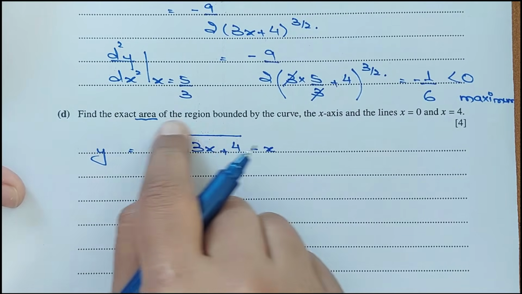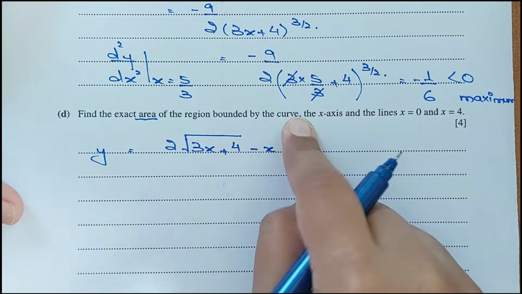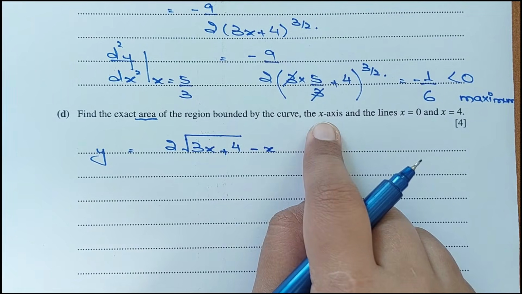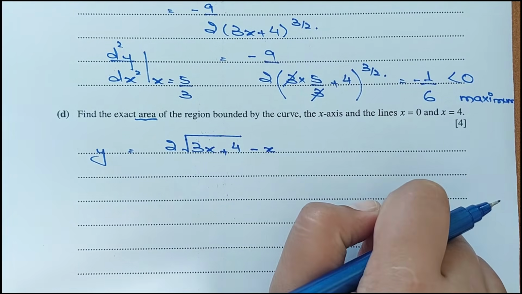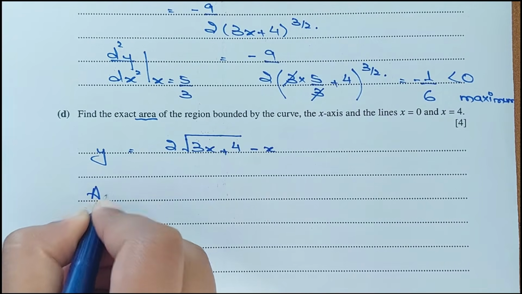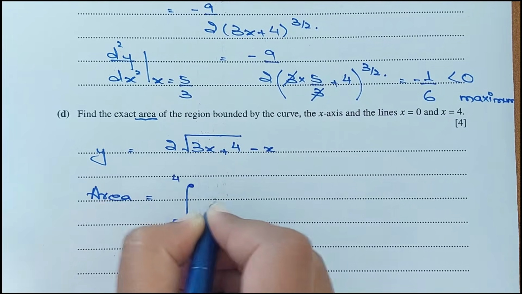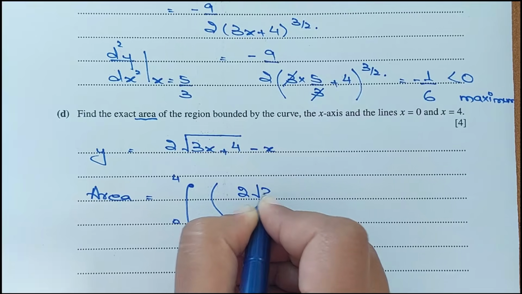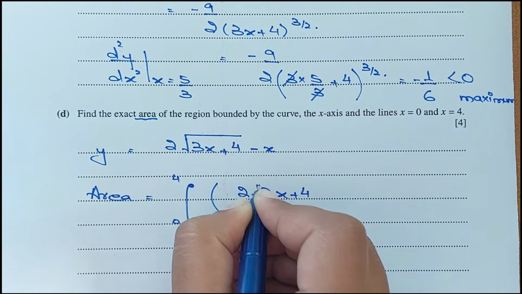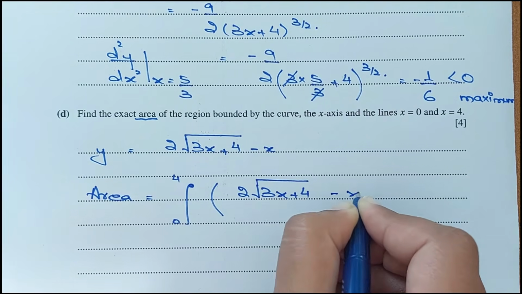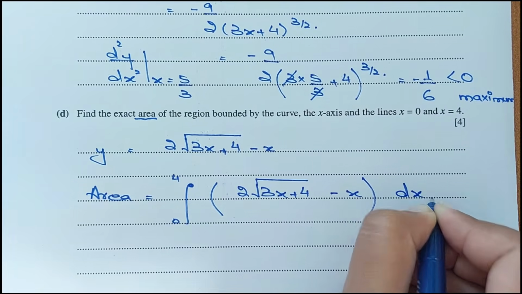So the area is the integration between 0 and 4 of 2 times square root of 3x plus 4 minus x dx.